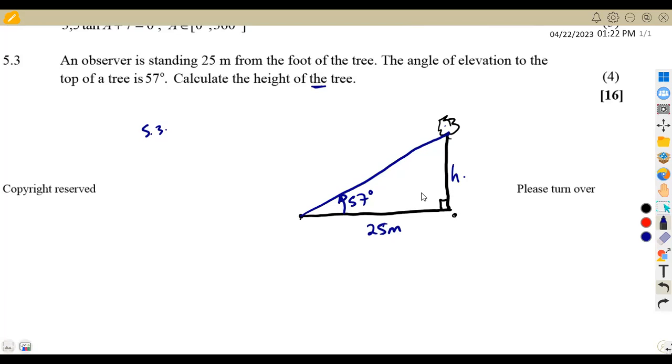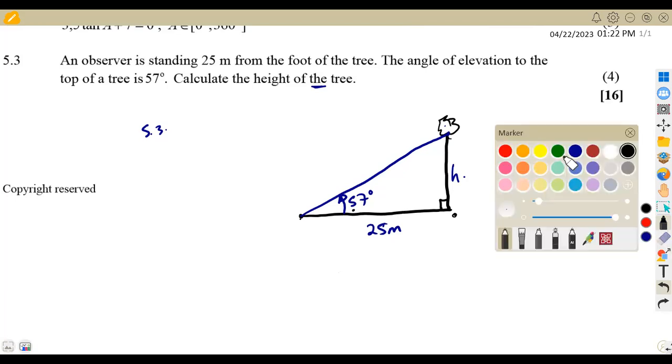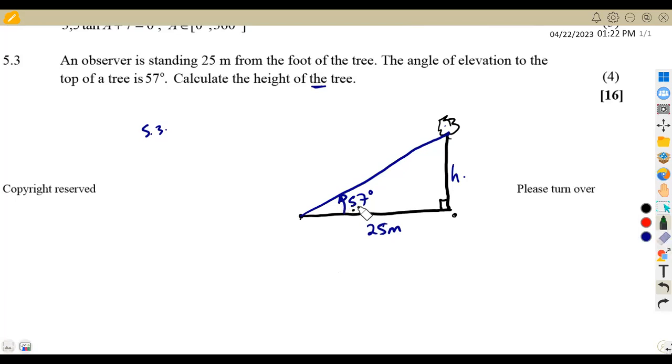That's a right angled triangle, which means you are supposed to think of the trigonometrical ratios, since there is an angle involved: cos, sine, and tan. But how do you know which ratio to use? You know it according to the sides given relative to the angle of 57 degrees.